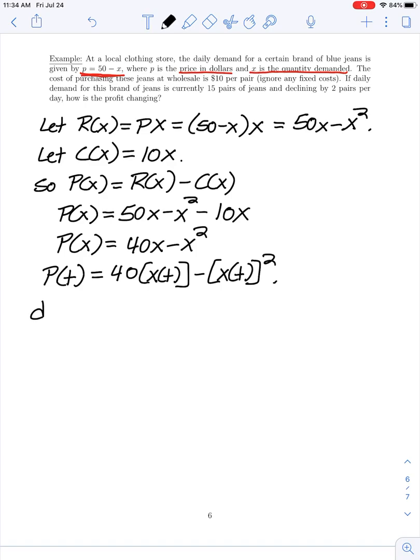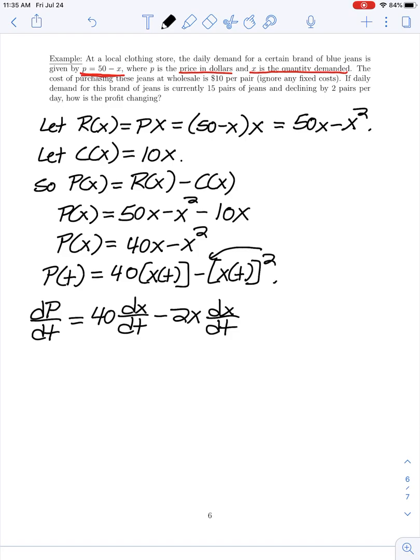And on the left-hand side, we would have the derivative of profit with respect to time, which would be equal to, differentiating on our right-hand side, 40 times the derivative of x with respect to time, minus, using the chain rule, we pull our power 2 out in front, so I would have 2x of t, or simply x to the first power, times the derivative of x with respect to time, the derivative of that inside function.